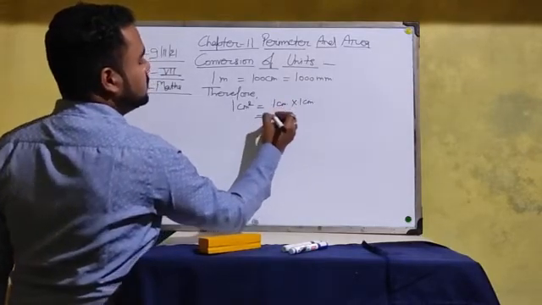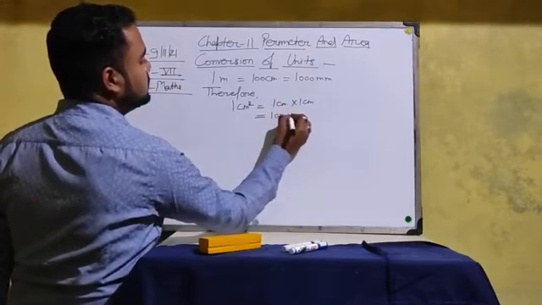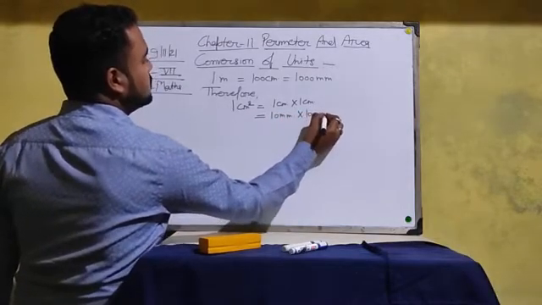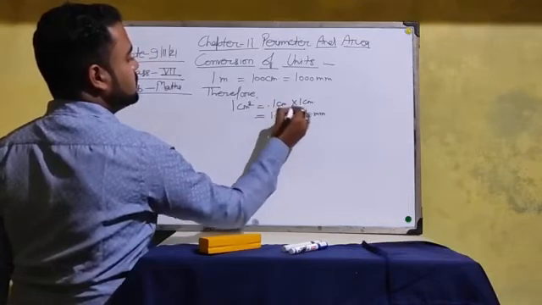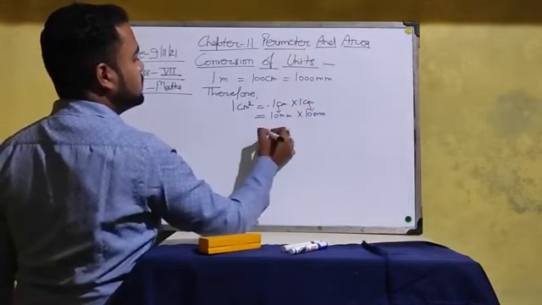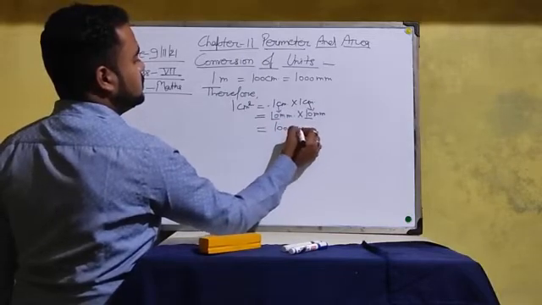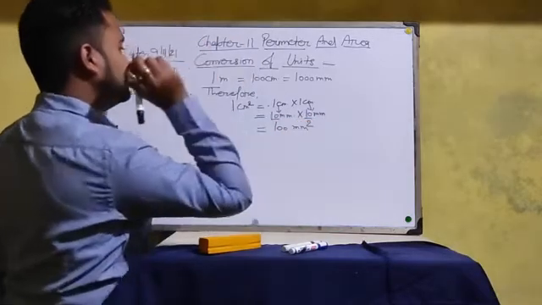As we know that 1 centimeter equals 10 millimeter, so 10 into 10 gives 100 millimeter square.